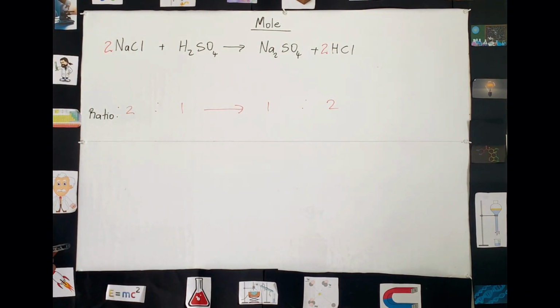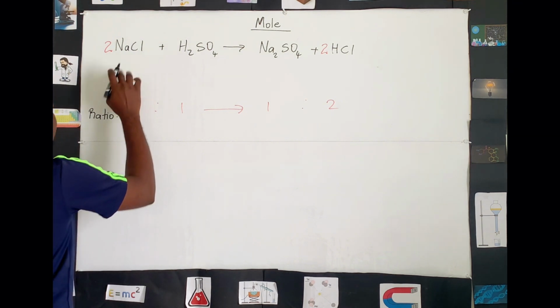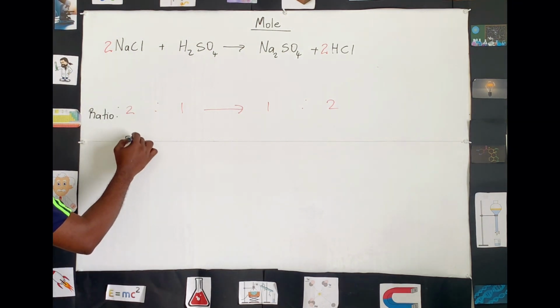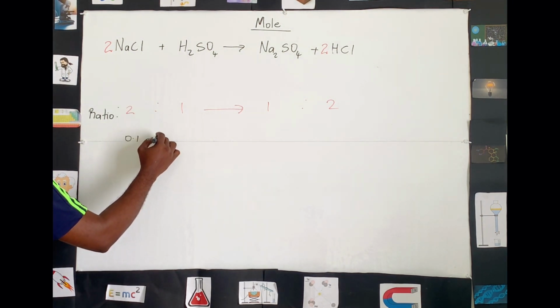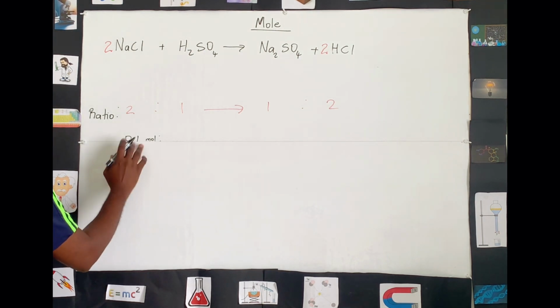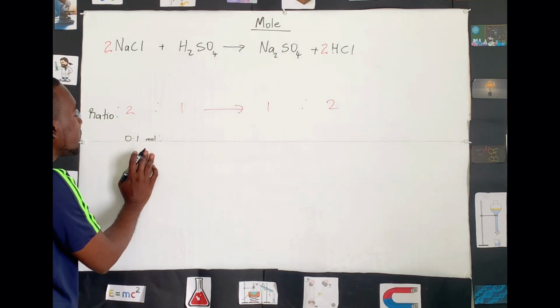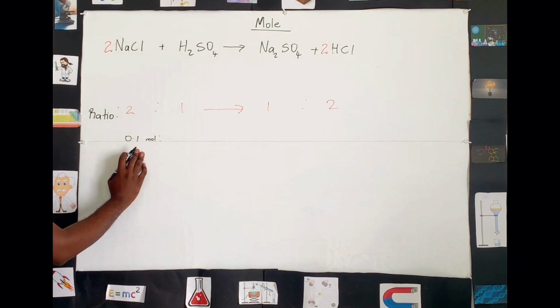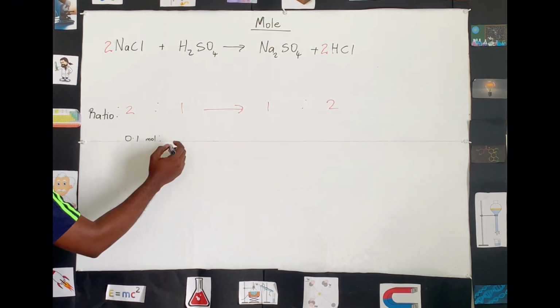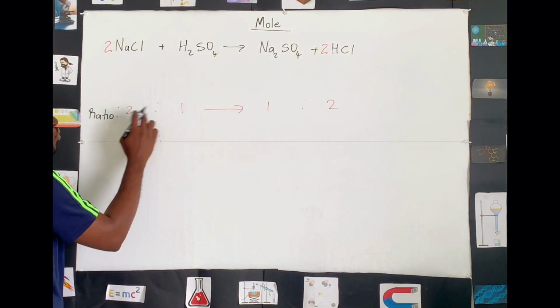So therefore, if we had calculated our mole of the sodium chloride to be 0.1 mole, then what that means is in our experiment, we use 0.1 mole of sodium chloride, which means that it's going to combine with half of this because it's a 2 to 1 ratio.